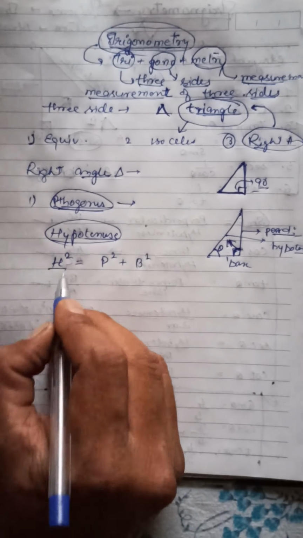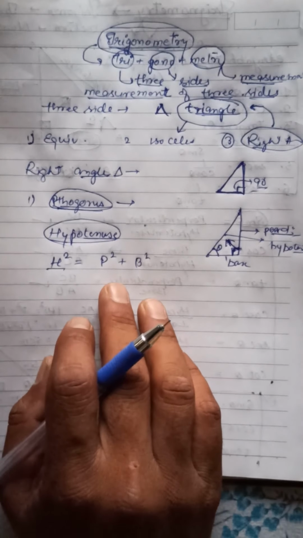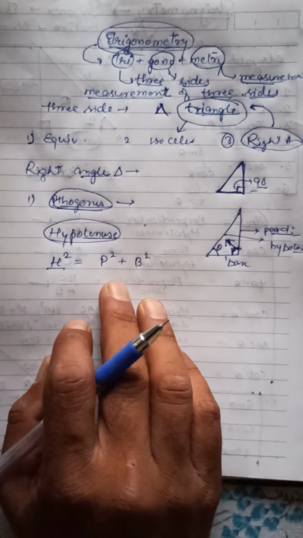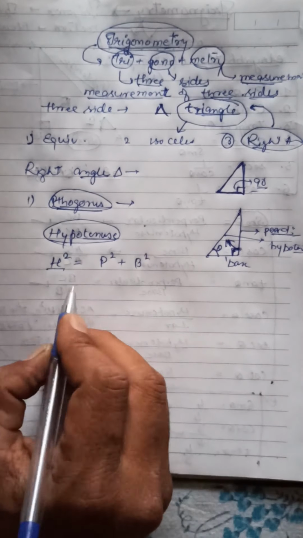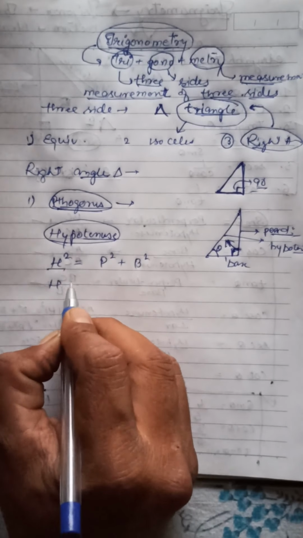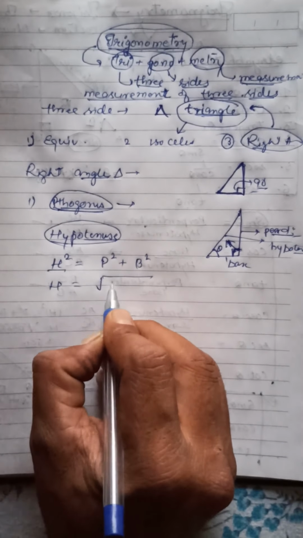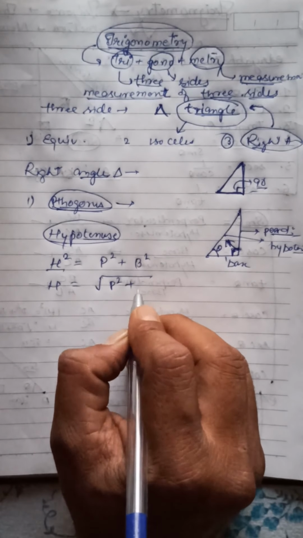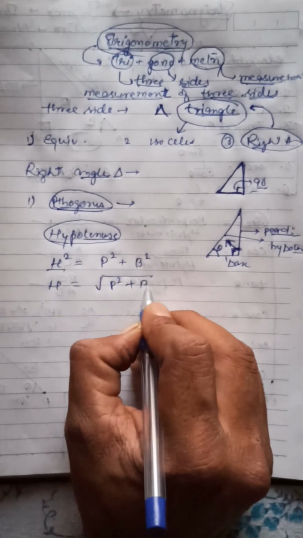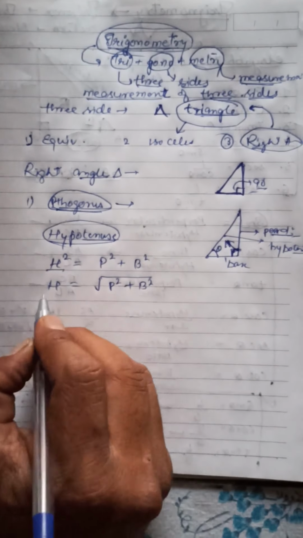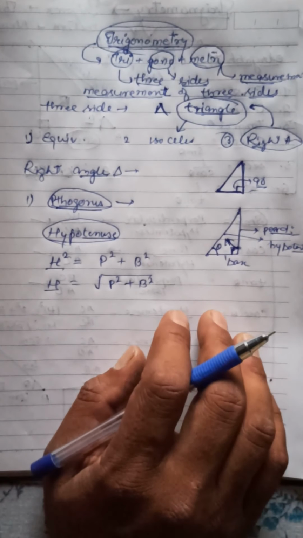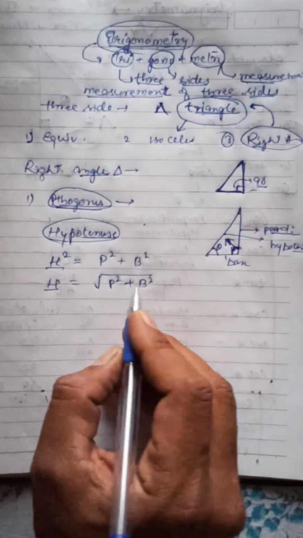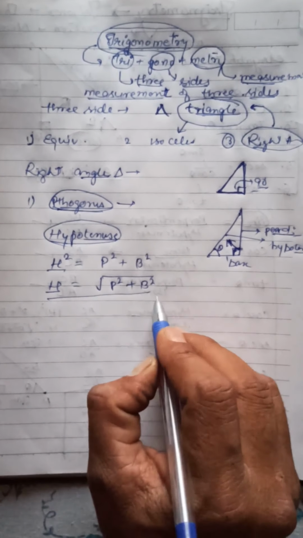It means the hypotenuse square is equal to the sum of the squares of the perpendicular and the base. Or we can say the hypotenuse is equal to the square root of the sum of the squares of the perpendicular and base. I think you remember these things.